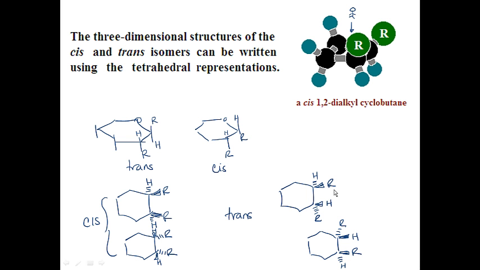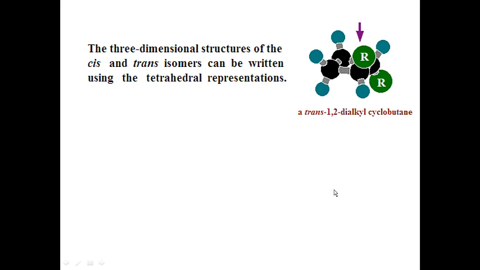And so you need to see the bold and the dashed wedges to tell whether the groups are above or below the plane of the ring. If you just see straight lines with no bold and dashed wedges, then I'm not showing you the stereochemistry of the cycloalkane. Okay? So basically that's what I would do here with the trans.